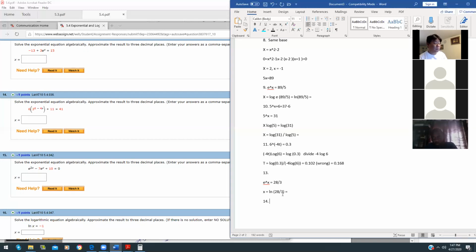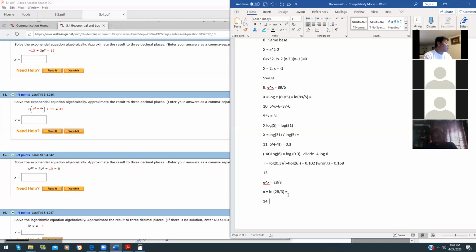Yep, 2.233. And class, make sure you use 28 over 3, not 9.333, because of rounding. Yes, ln, that is correct, Chandra. If you use ln 9.333, you will probably get a little bit off because you rounded it.